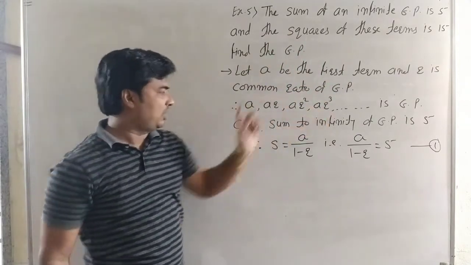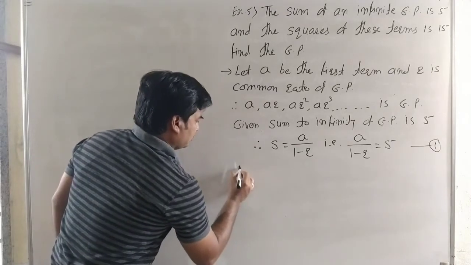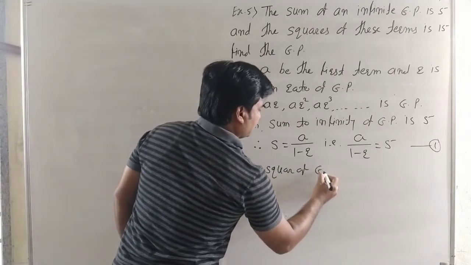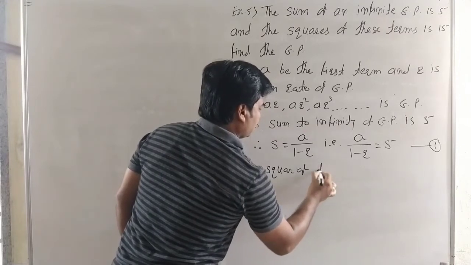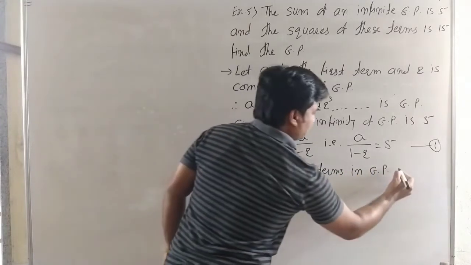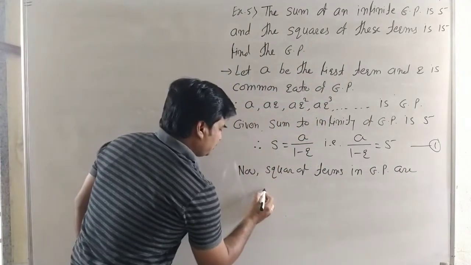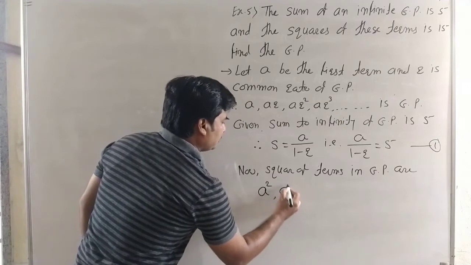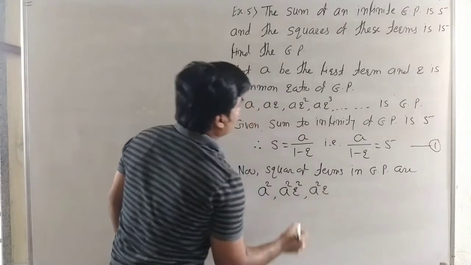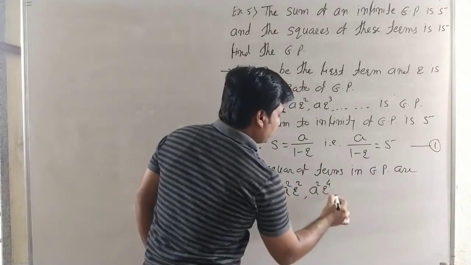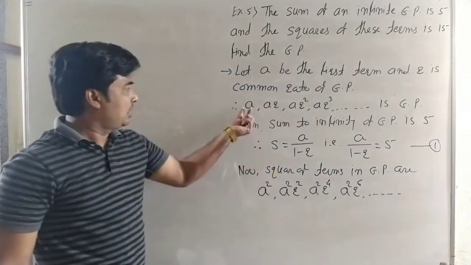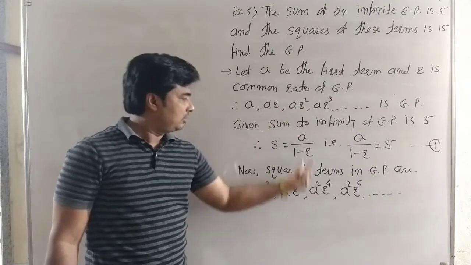Okay, now the squares of the terms in the geometric progression: first it is a square, then a square r square, then a square r to the power 4, then a square r to the power 6, like that up to infinity.